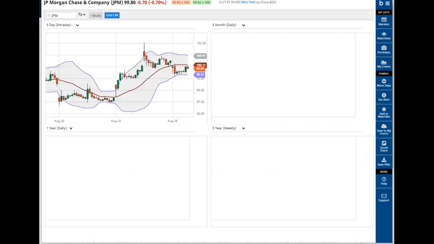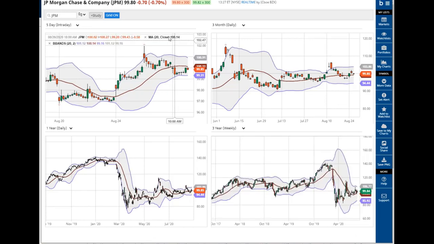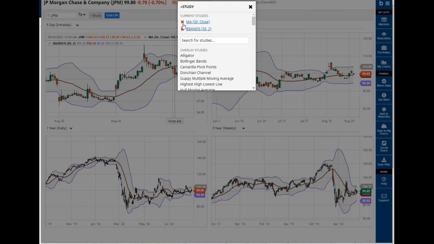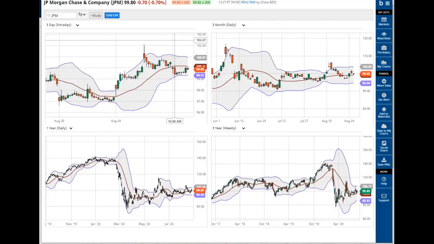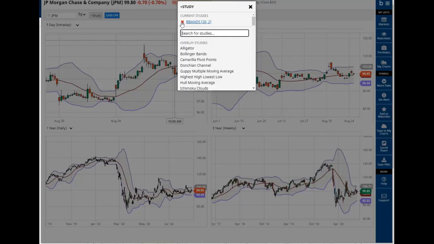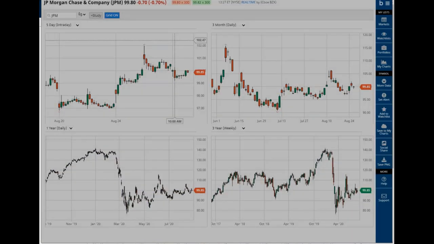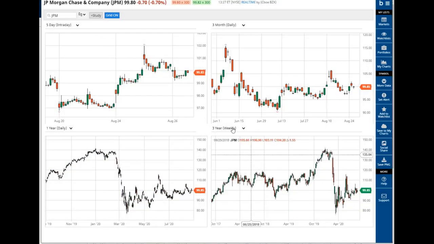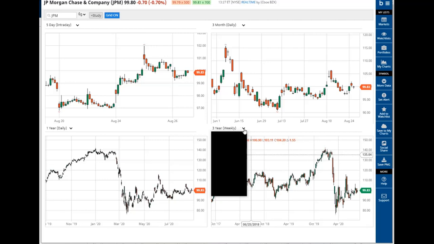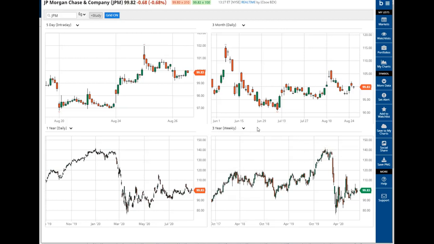And so what I've done here is I've put in multiple time frames. Here is my 3-year. I'm using a weekly, right? And you see that for my higher time frames, we're going to be looking at weeklies or maybe monthlies.